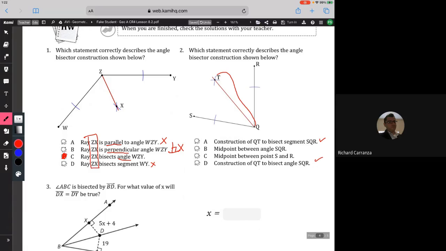We're constructing something that bisects an angle. So is it A or D? Which one says that it's bisecting an angle? Right, just from reading it, which one, A or D, which one says that you're bisecting an angle? Are you guys there?